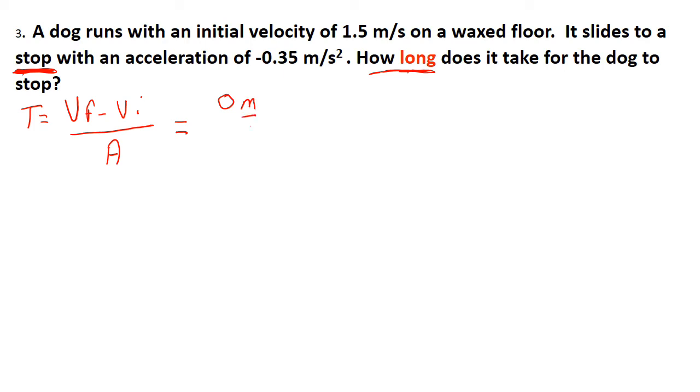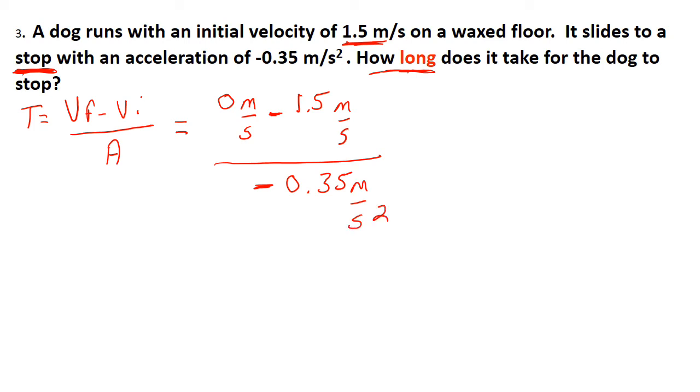We're in meters per second units, so it would be 0 meters per second minus the initial velocity, which was 1.5 meters per second, divided by a negative 0.35 meters per second squared. That's the acceleration. You can always identify acceleration because it has that squared time unit.